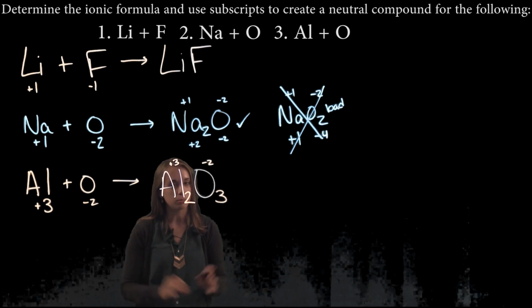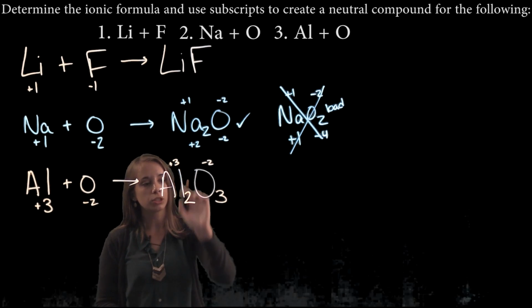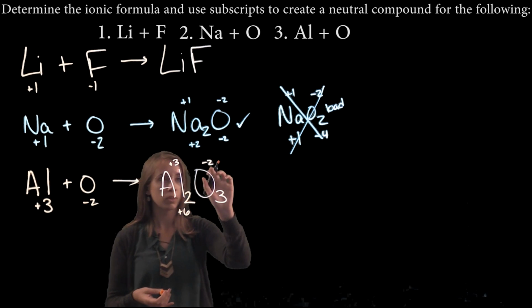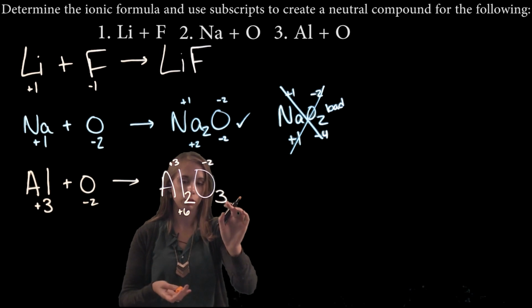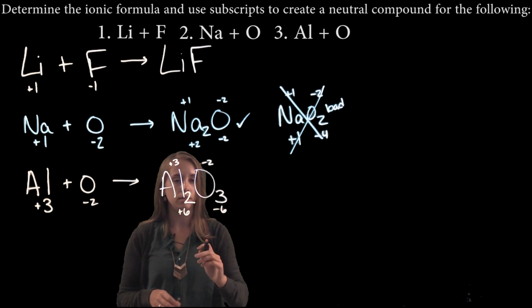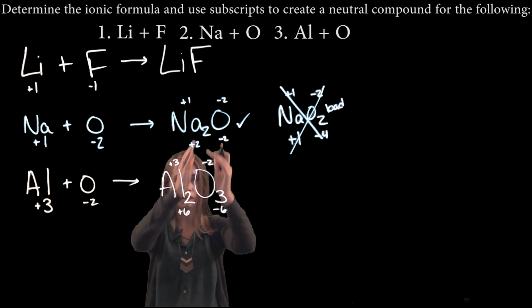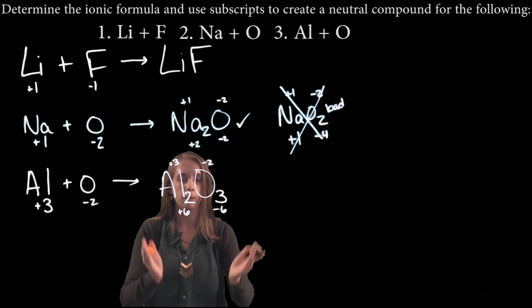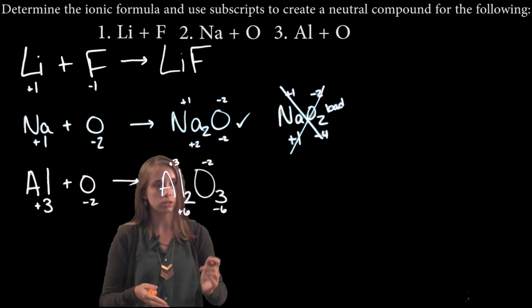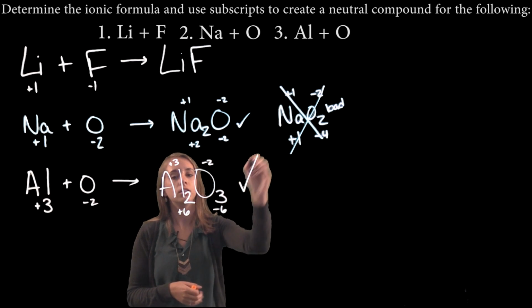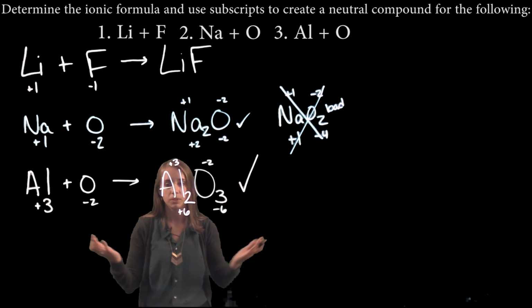But let's double check. +3, and there's 2 of them, which gives me a +6. -2, and there's 3 of them, gives me a -6. So you always want to stick within one element and then check the other element and make sure they cancel. In this case, they do. So Al2O3 is my compound.